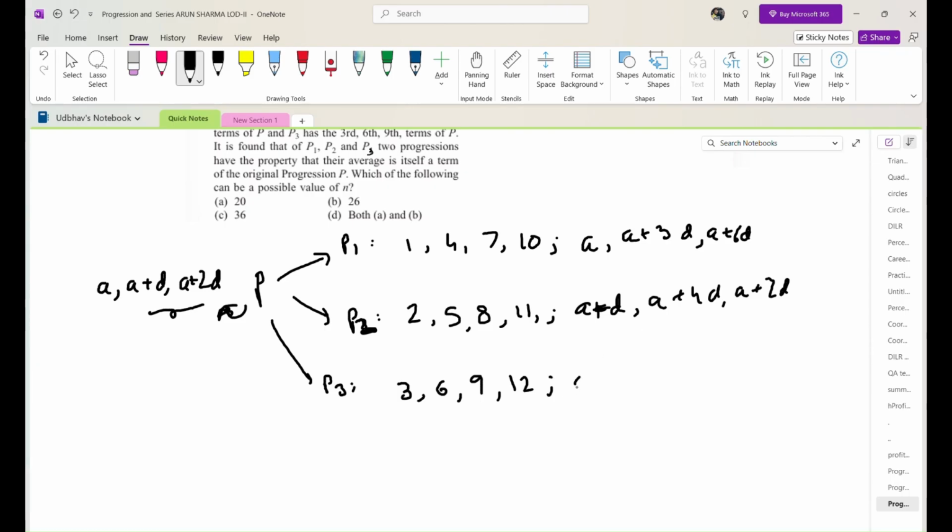P3 has the third term A plus 2D, A plus 5D, A plus 8D.